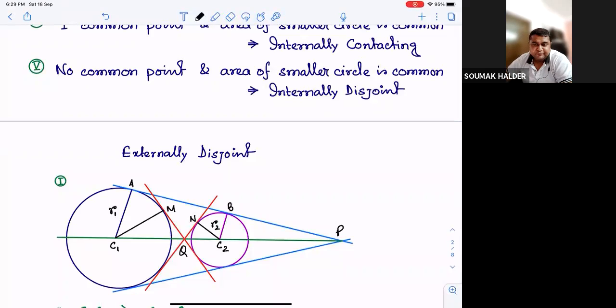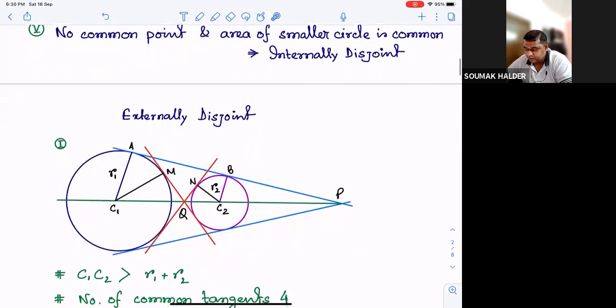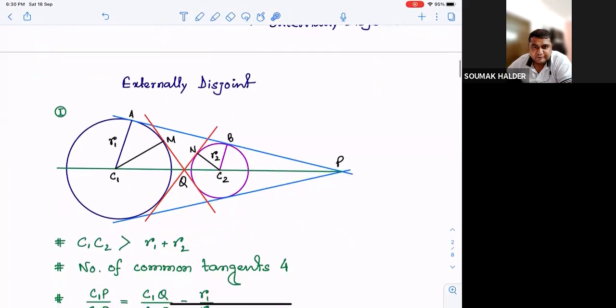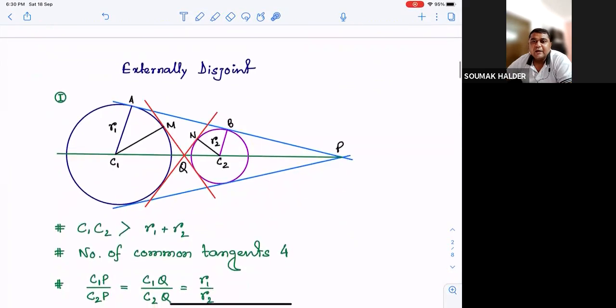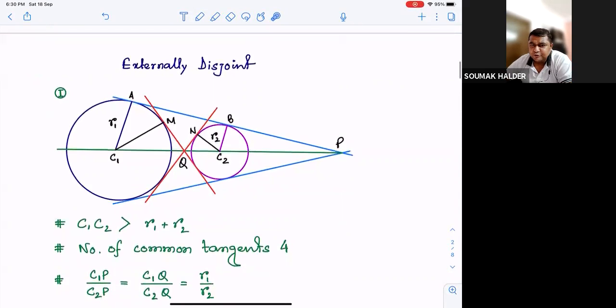Okay, so from this idea we can confirm that the transverse common tangents will intersect at a point which divides the center joining line in the ratio of radii, but this time internal. So the conclusions we are going to carry out of this type of positioning: distance of the centers more than sum of the radii.